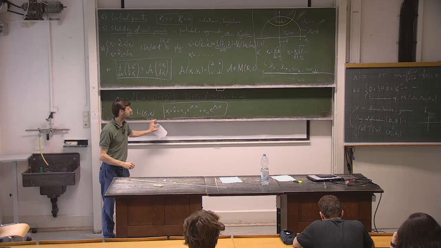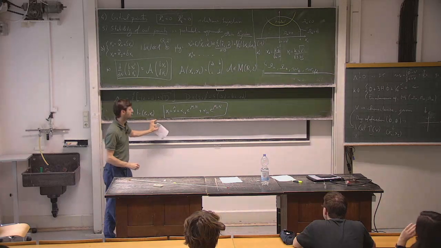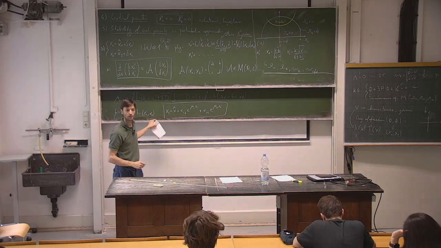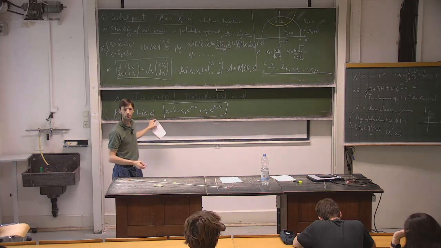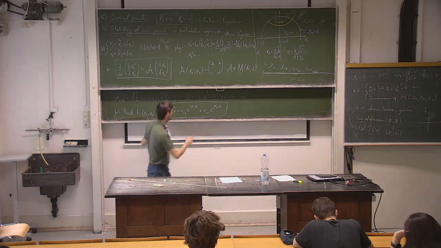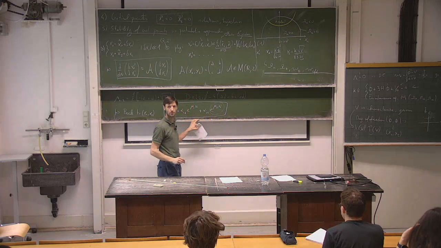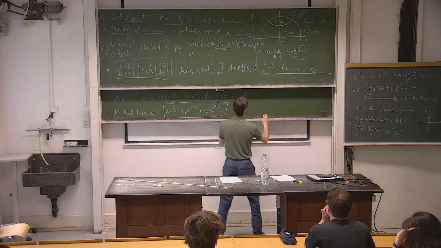And now we can get immediate consequences out of this expression, just by looking at what the eigenvalues are, if they're positive, 0, or negative. Let's focus on one of these terms. This term is an exponential, right?